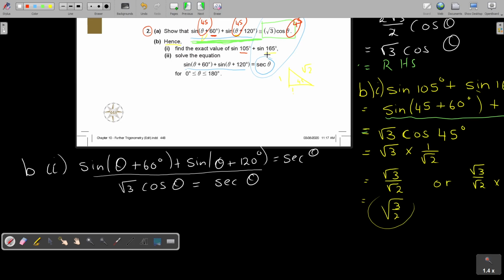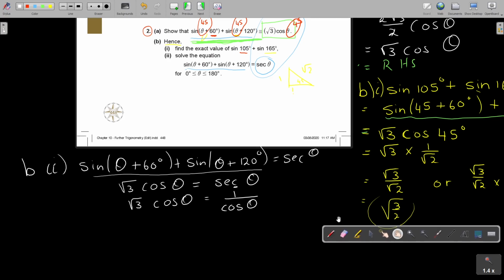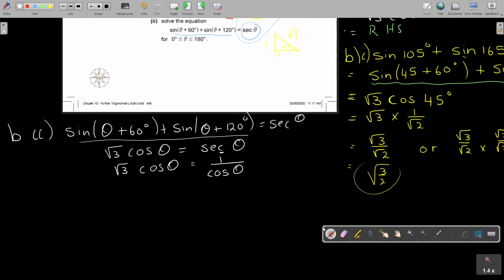And now I can just go on and say square root 3 cos theta equals 1 over cos theta, remember, sec is 1 over cos. And now I'm going to solve that equation. And how am I going to solve it? Let's just quickly go here. I'm going to put it over 1 and cross multiply.